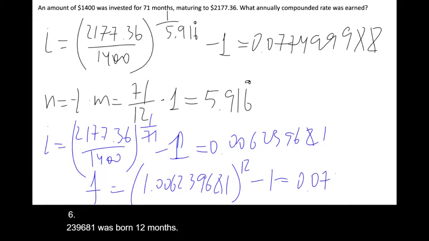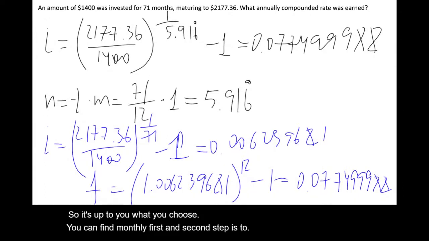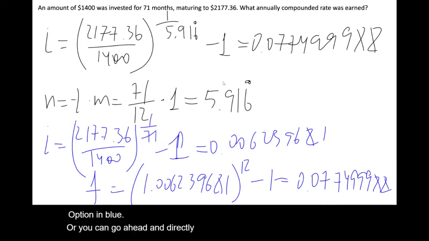And I will have the same answer. So it's up to you what you choose. You can find monthly first, and the second step is to calculate the effective rate. That's the option in blue. Or you can go ahead and directly calculate the annual rate. That's the option in black. Questions?